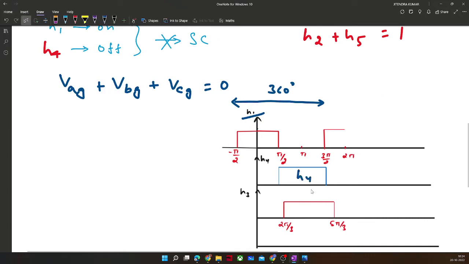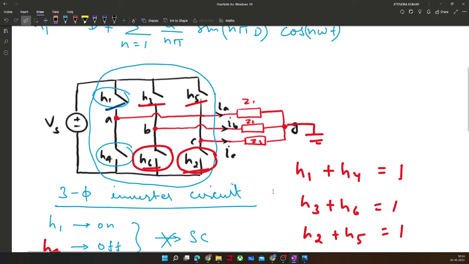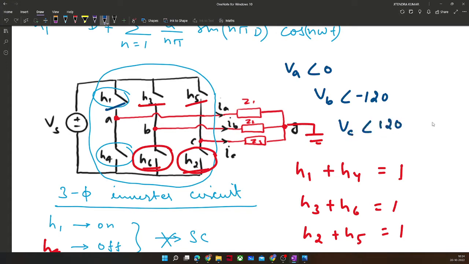Now the second phase, we all know in three phase, all the phases are shifted with 120 degree. So when A phase, let's say VA angle 0, VB will be angle minus 120 degree, and VC will be equal to plus 120 degree or minus 240 degree.